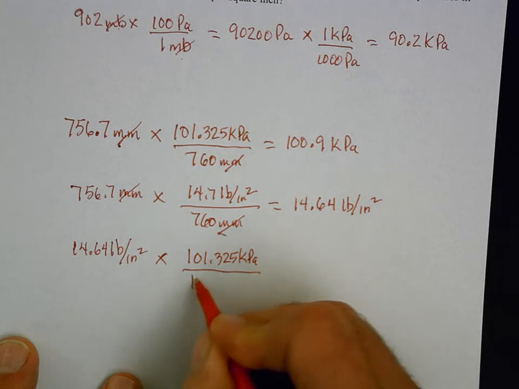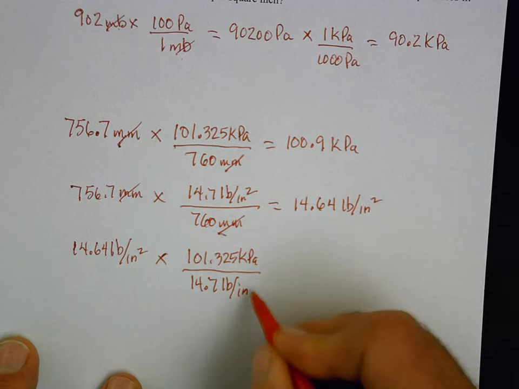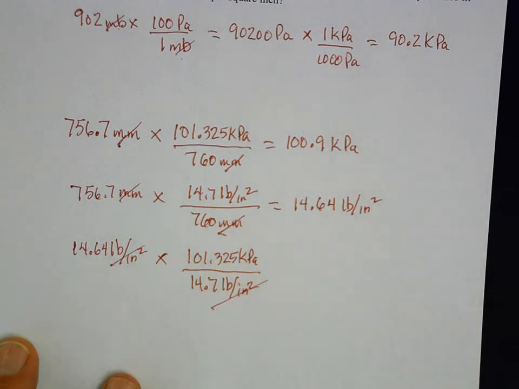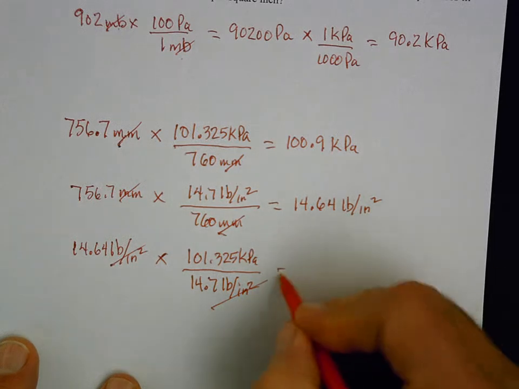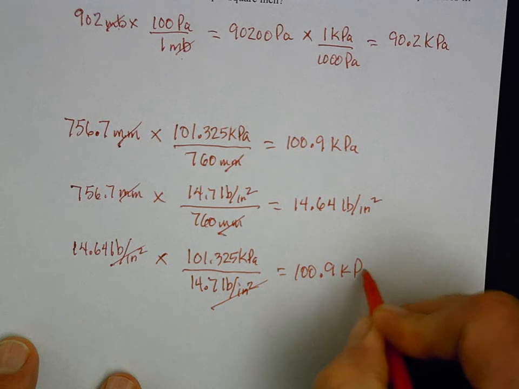Down on the bottom, I put the 14.7 pounds per square inch. Because again, that part will get canceled out. And so when I do this, 101.325 divided by the 14.7, and lo and behold, I'm back to my 100.9 kPa.